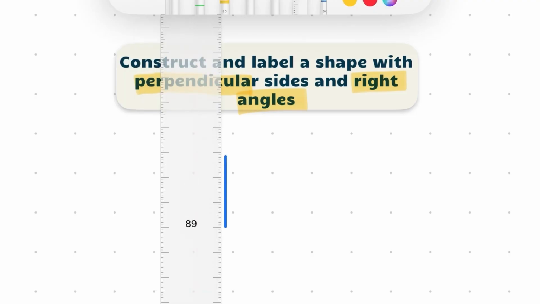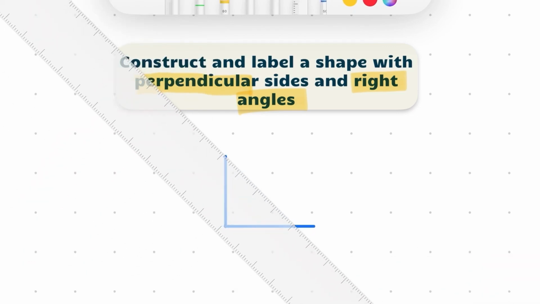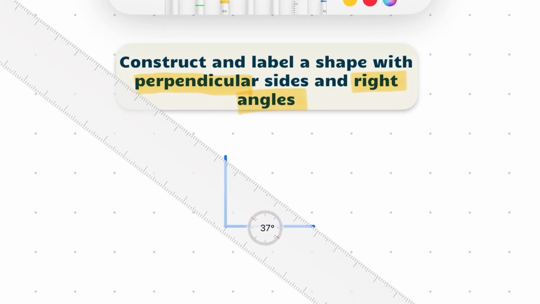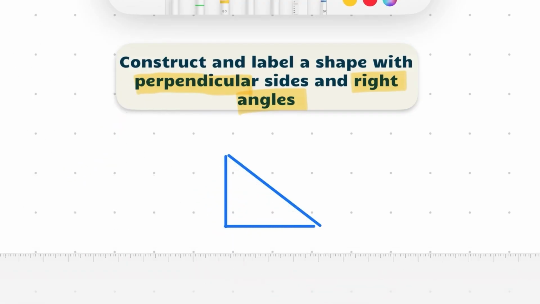So if I wanted to construct one that was perpendicular to the other, I could do so like this. And in this diagram, the way that I would label perpendicularity is using this small square looking symbol.